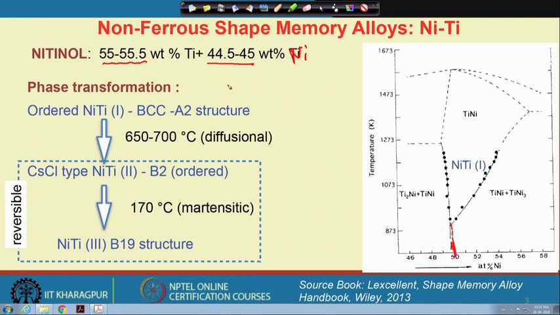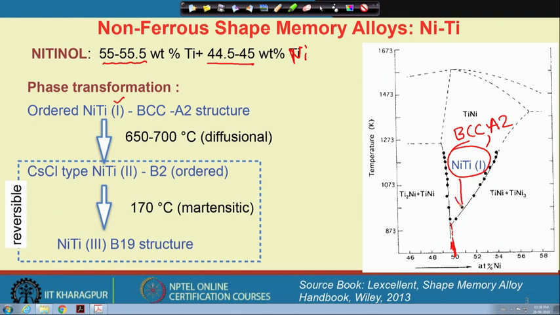We are talking about the nickel titanium system at higher temperature, which is shown here and marked as 1. This has a BCC structure, which is an A2 structure, and if we cool it down, around 650 to 700 degree centigrade, there is a diffusional transformation.